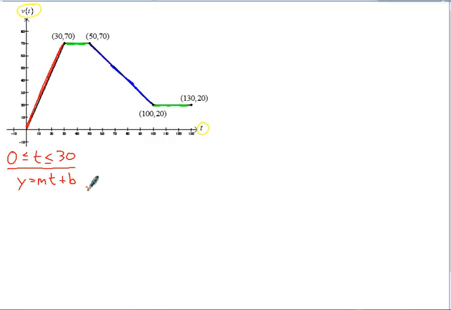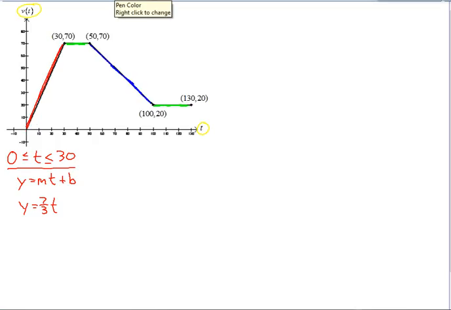And we can see the slope on this one. You can probably tell just by looking at the graph. It goes up 70 over 30, so 70 over 30 reduces to 7/3. So it'd be y equals 7/3 t. And the y-intercept, well, if you just look right here, it intersects the y-axis at 0. So you don't need anything, just 7/3 t.